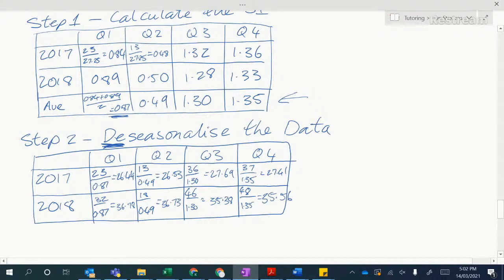Okay, so there is my de-seasonalized data. Okay.